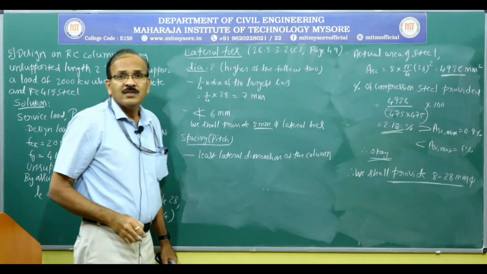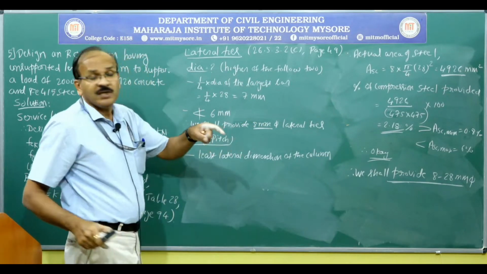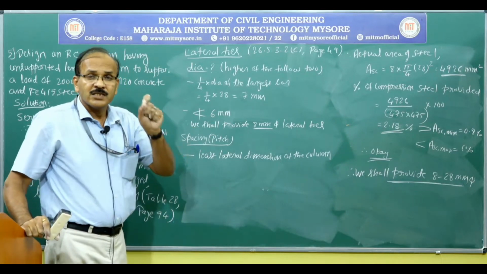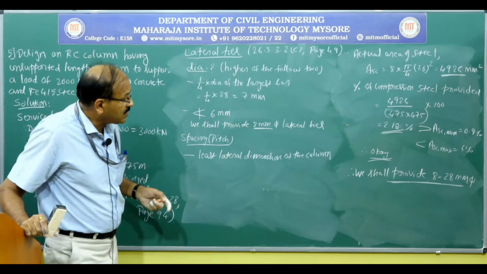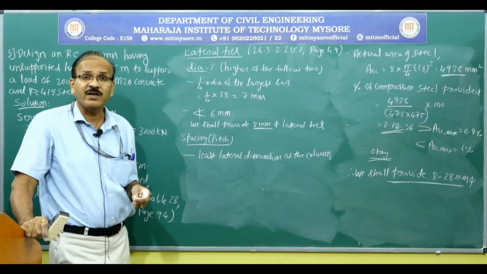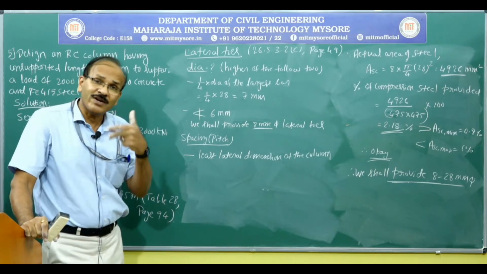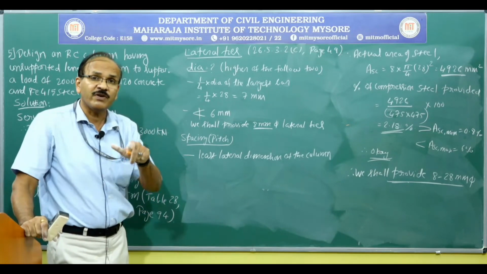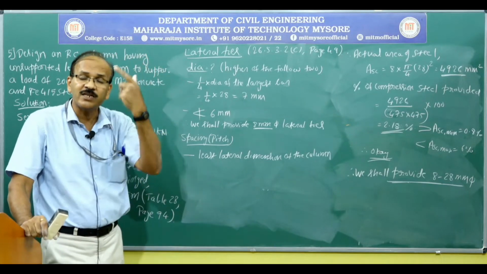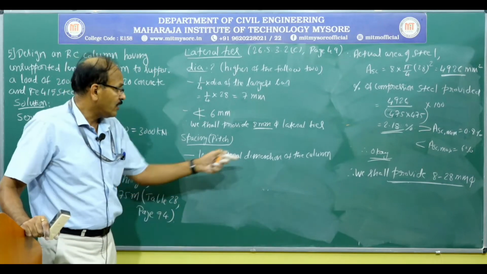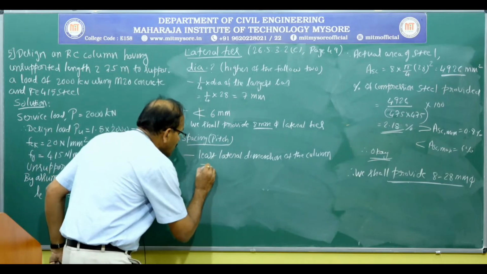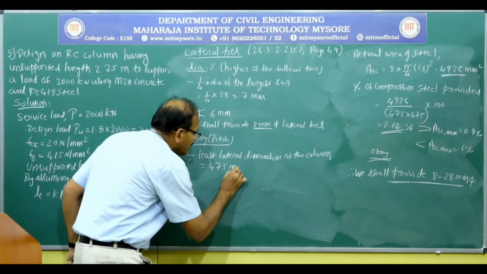Here the column dimensions are 475 by 475, same size. So what is the least lateral dimension? That is 475. What is the largest lateral dimension? That is 475. So the least lateral dimension in this case is 475 millimeter.